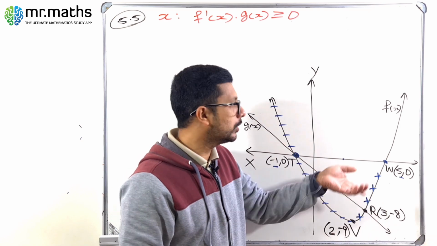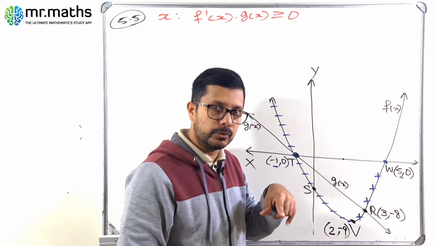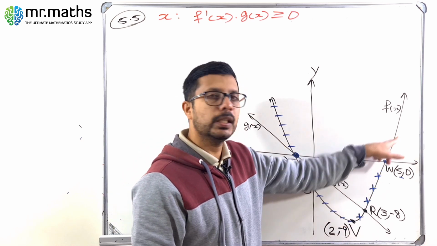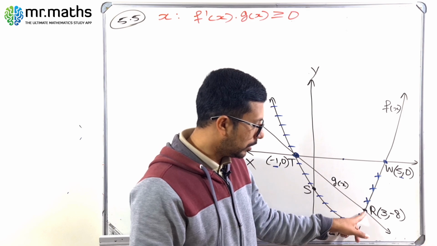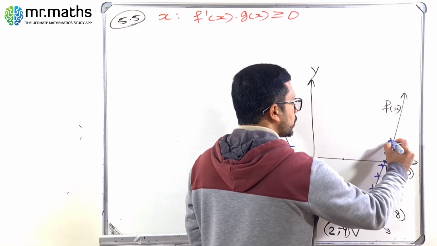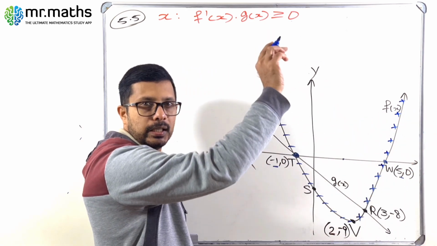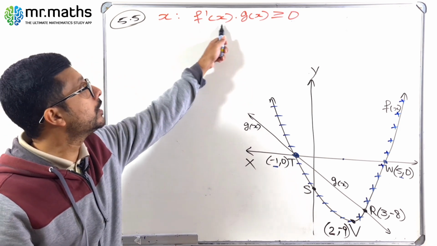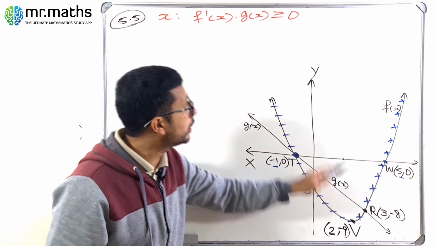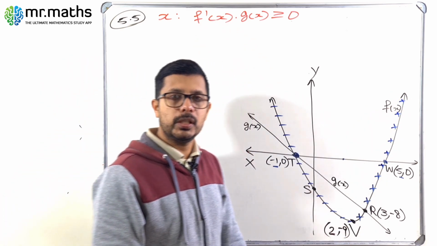We are not talking about the f of x graph, we are talking about f dash of x, the first derivative. The first derivative is positive when the original graph is increasing, so here it is positive. When the graph is decreasing, the first derivative is negative, and when the graph is increasing, the first derivative is positive.